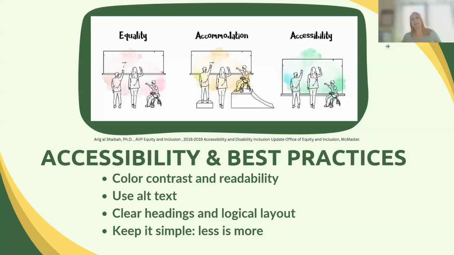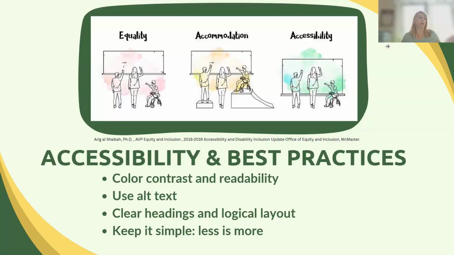So there's a couple things I wanted to touch up on before we left. Of course, when you are creating anything, any elements, any design, any documents, videos, whatever it may be, always keep accessibility and best practices for accessibility in mind when creating.